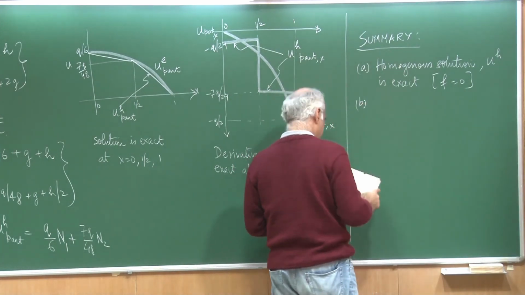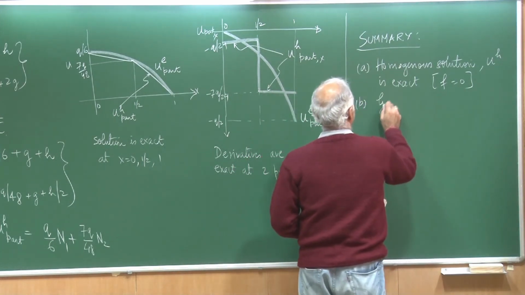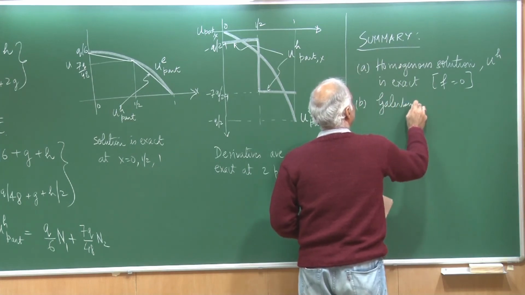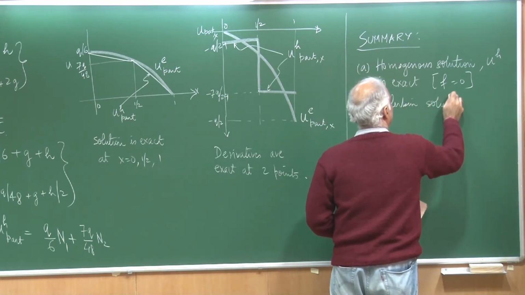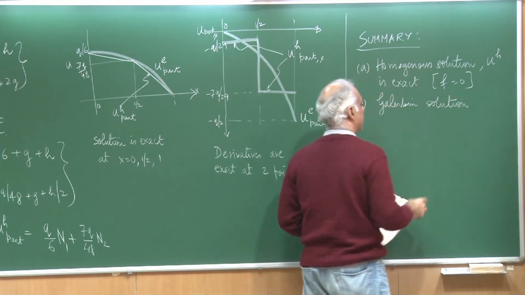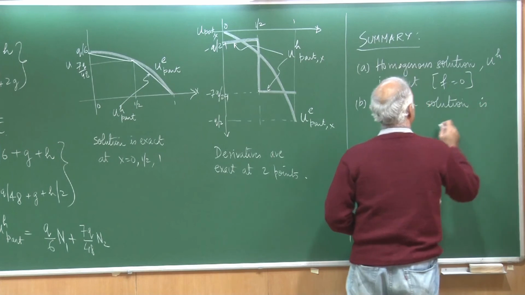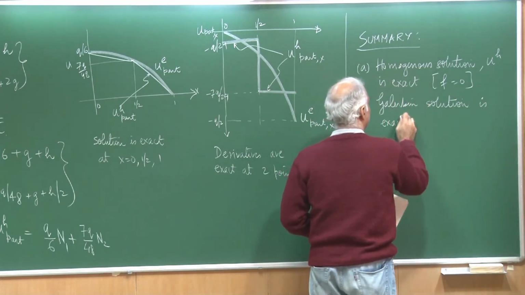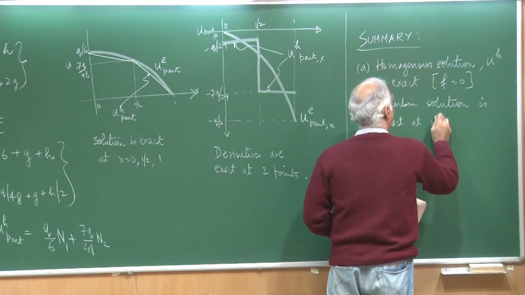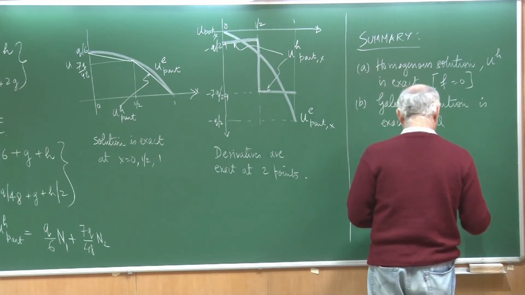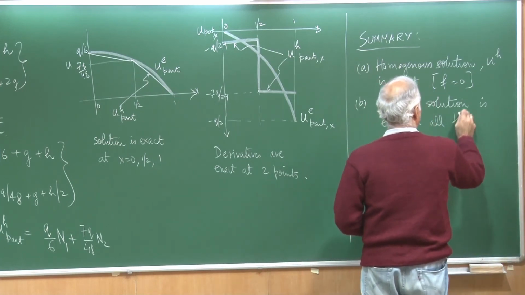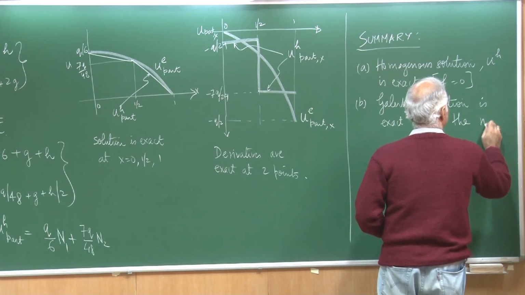The second observation is that the Galerkin solution with the linear finite element approximation is exact at all the nodes.